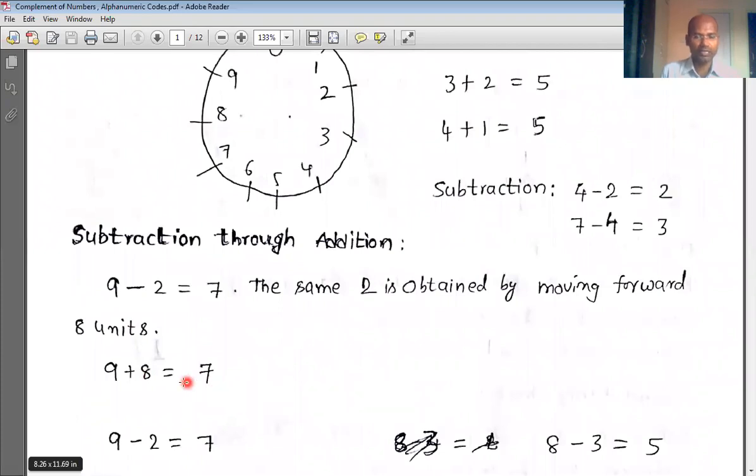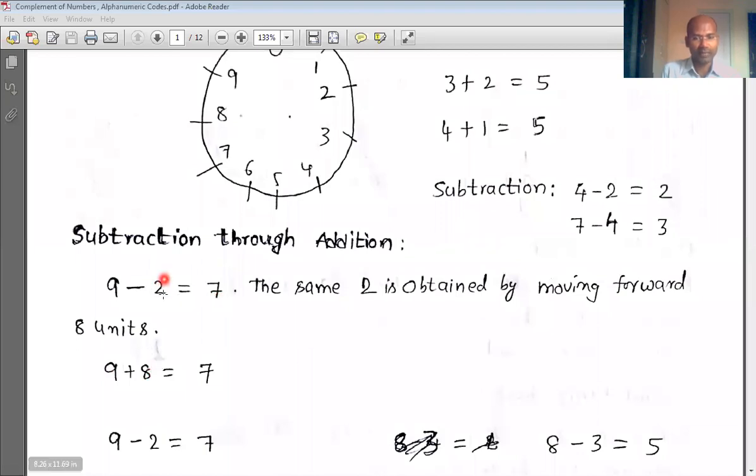Now the question is, subtracting 2 from 9 is equal to 7. The same answer can be got by adding 8 to 9. By adding, I mean from 9, continue to move forward by 8 steps. Then this addition process also results in 7.